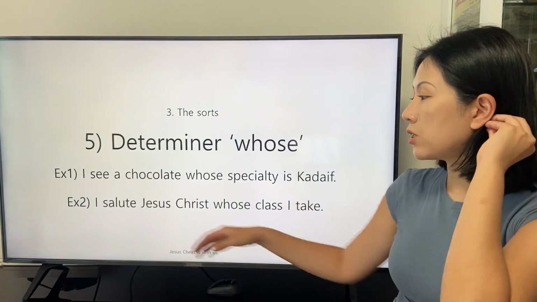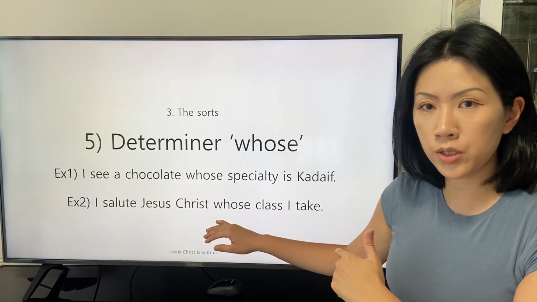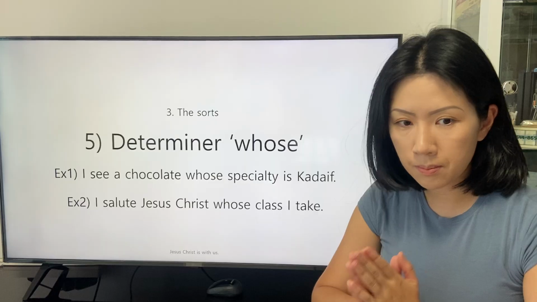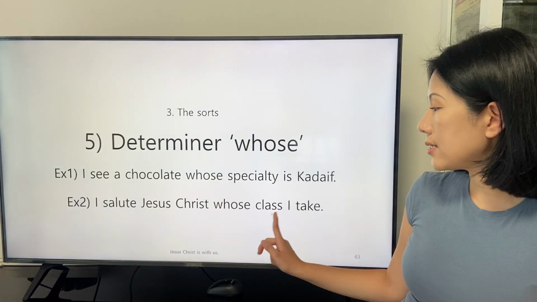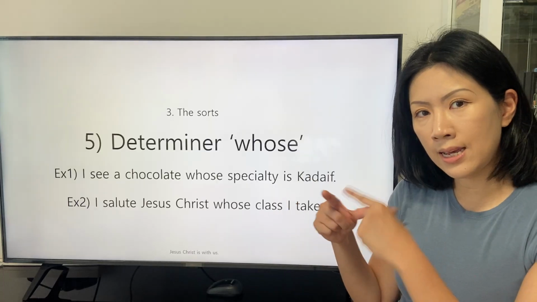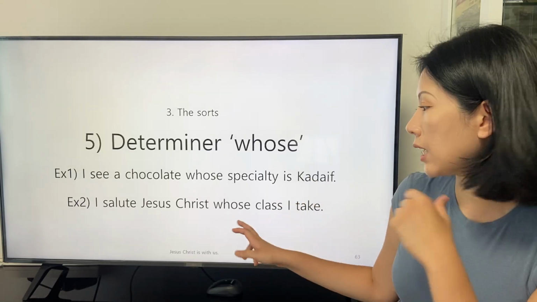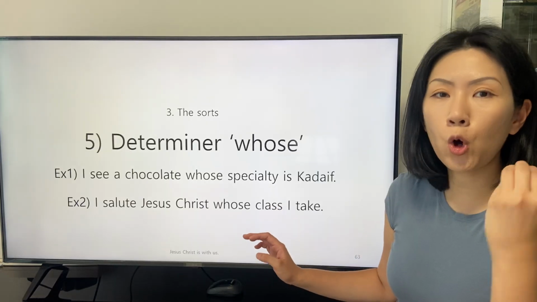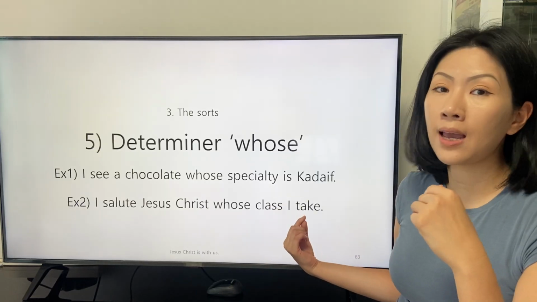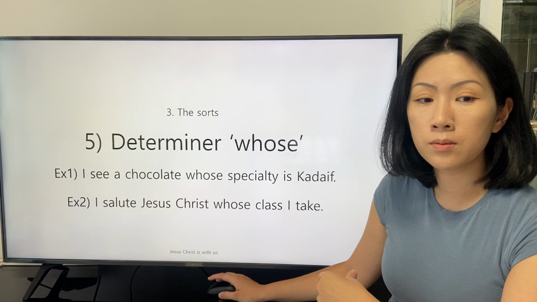So we find that Jesus Christ and the determiner whose indicate the same person. And we find that whose class, the phrase of the general noun class, is the object of the transitive verb take in the subordinate clause.